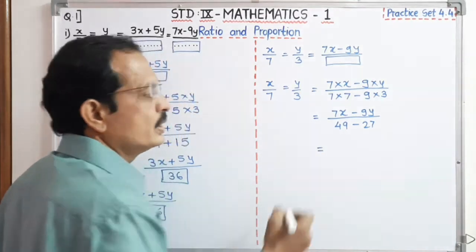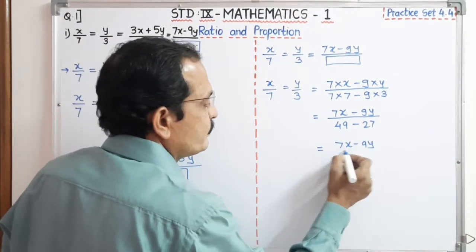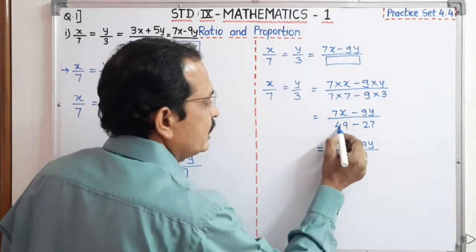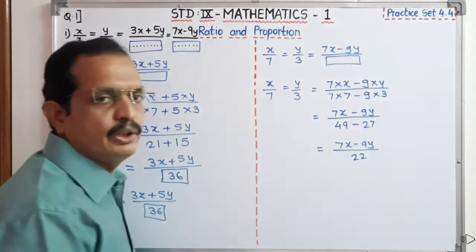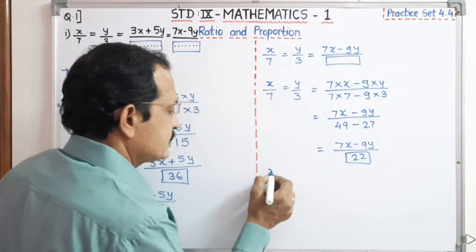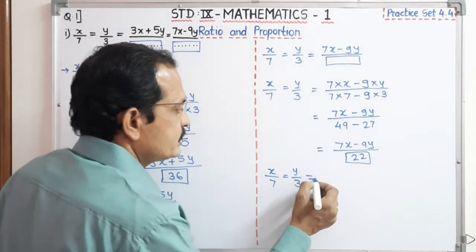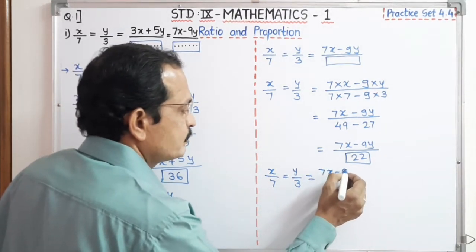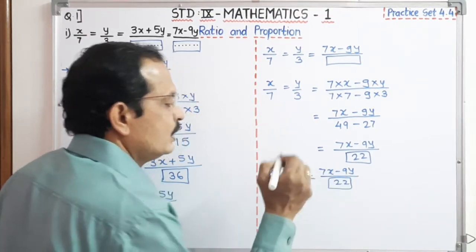Now, dear student, 7x minus 9y upon 49 minus 27 is equal to 22. Therefore, dear student, we got here x upon 7 is equal to y upon 3 is equal to 7x minus 9y upon 22.